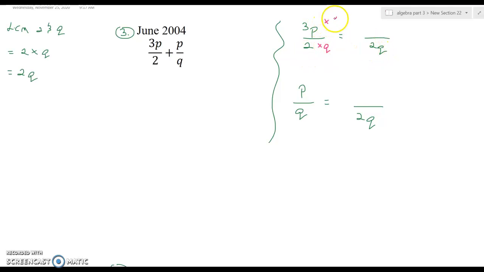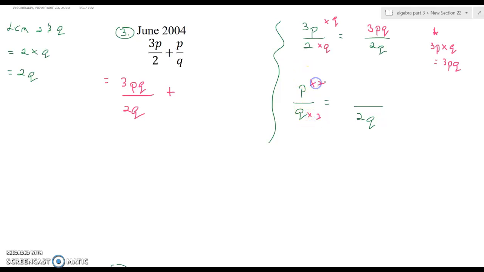So I have to multiply it up by q. So 3p times q will give me 3pq, right? Just by the way, 3p times q is just 3pq, right? And now next, so I could write that in down here, 3pq over 2q, and then plus. So q by what will give me 2q? q by 2.